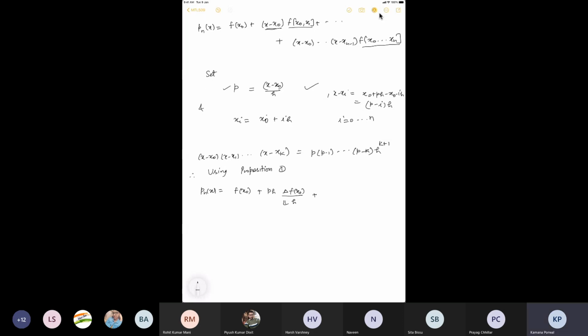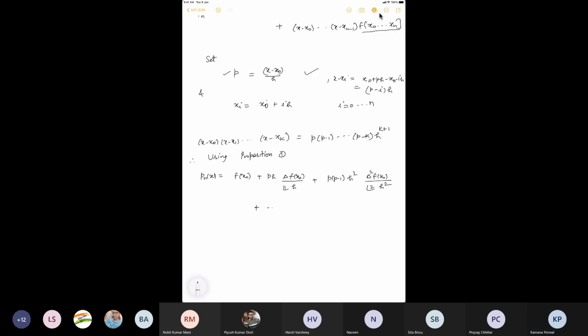Now the second term is going to be p times (p minus 1) times h square, and then delta square f evaluated at x naught divided by factorial 2 times h square. This will go up to the last term, which is going to be p times (p minus 1) up to (p minus n plus 1), times delta^n f at x naught divided by factorial n times h raised to power n.